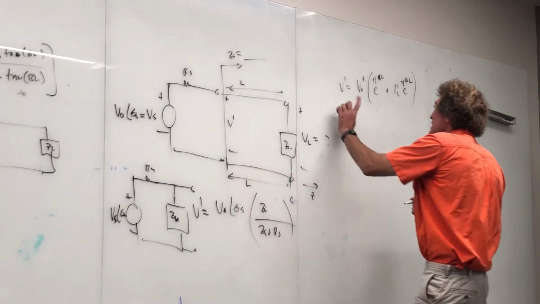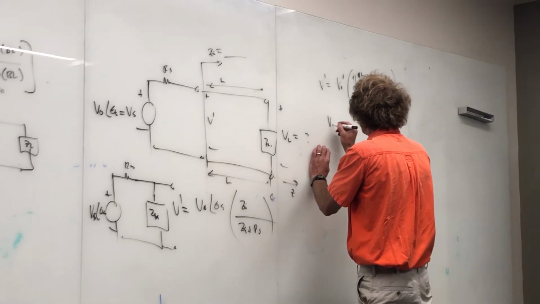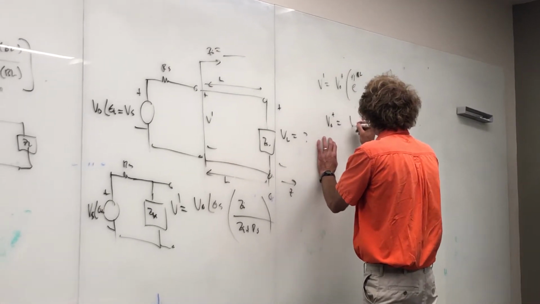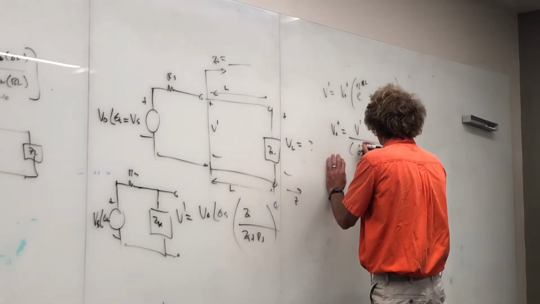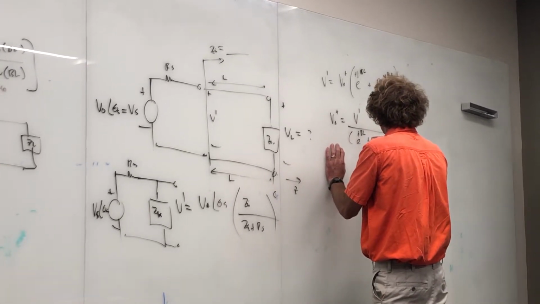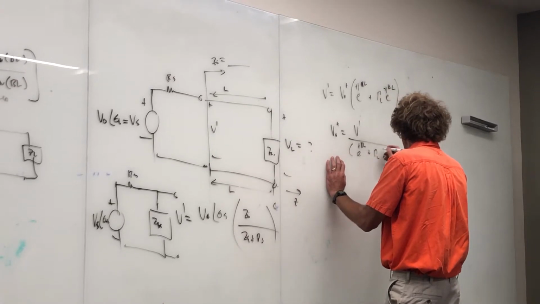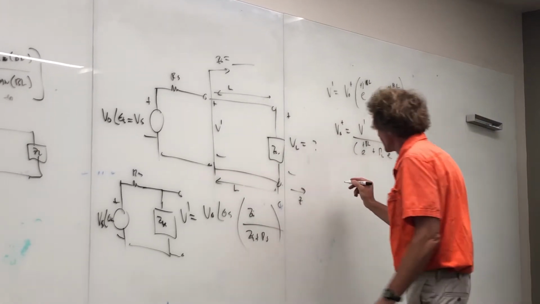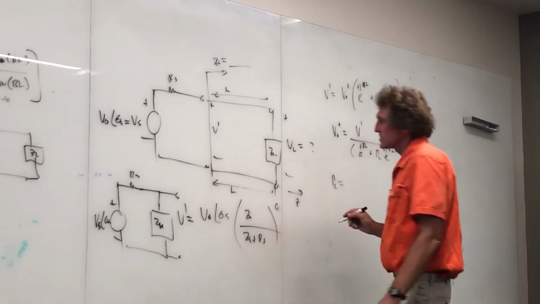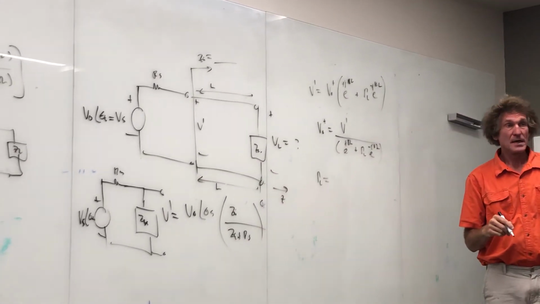Now that means, since I have V prime, I need V naught plus, and that's going to be my V prime, which is down here, divided by e to the j beta L plus reflection coefficient times e to the minus j beta L. And the reflection coefficient, I'll get out of your way in a second. What is the reflection coefficient? It's at the load, correct?